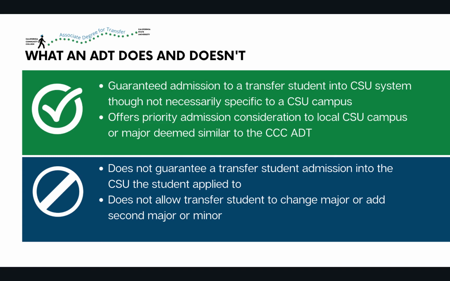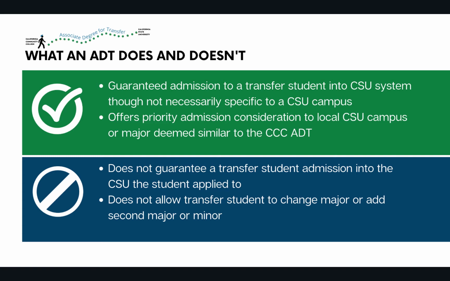The other thing is that if you are submitting an application for a local CSU that is nearby the community college you currently attend, it will provide you with priority admissions consideration. So definitely consider the institutions that are local to you if you're applying to an ADT, because you do get that priority admissions consideration.